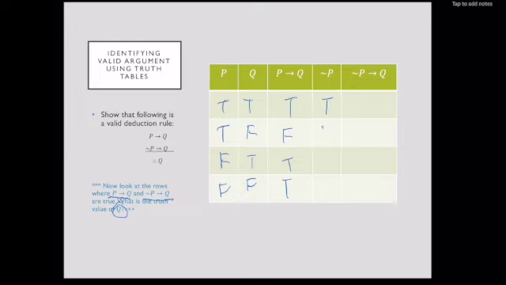Not P is false, false, true, true. False implies true, that's true. False implies false, that's true. True implies true, that's true. True implies false, that's false. Let's look at where P implies Q and not P implies Q are both true. That would be right here. What's the value of Q? True.